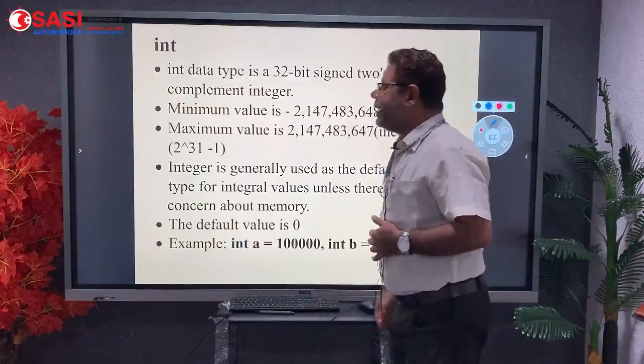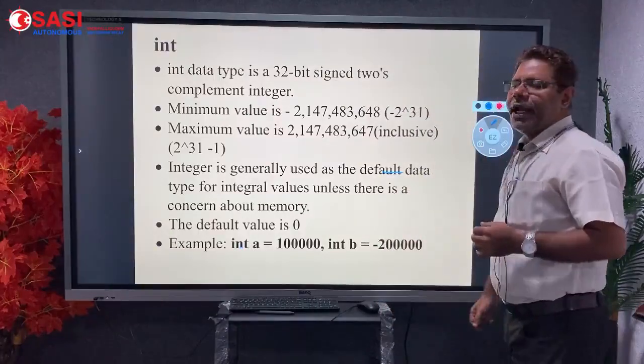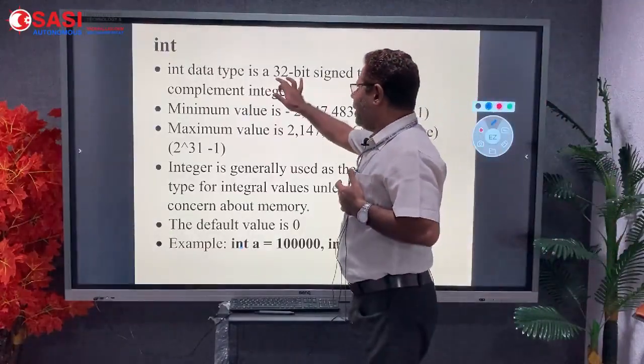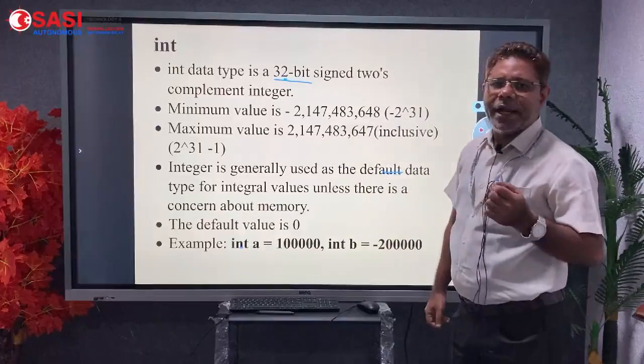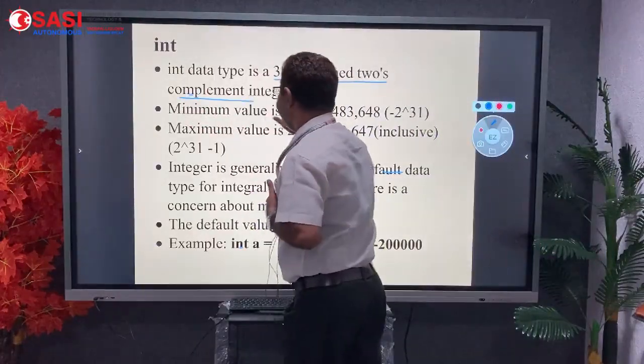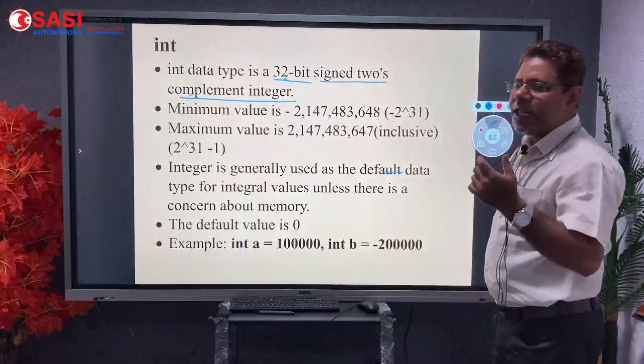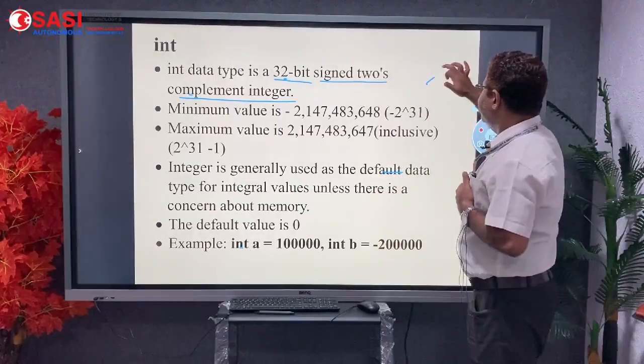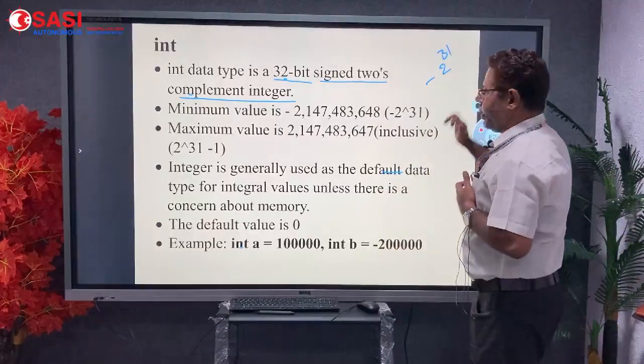Next one is the int data type. The int data type size is 32 bit. That means the int data type is a 32 bit signed 2's complement integer. The minimum value of the integer is minus 2 power 31.